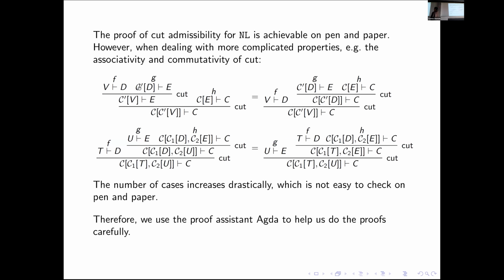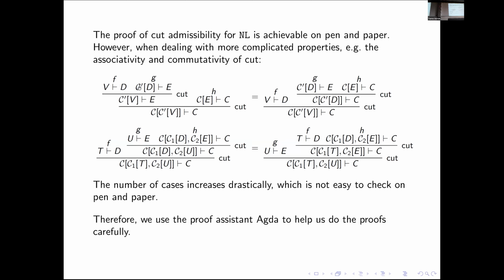So for example here, the statement above is about the associativity of cuts. It means that if we have three derivations, we can first cut f and g and then cut with h, and this derivation, according to the procedure by which we eliminate the cuts, should be equal to the one where we first cut g and h and then cut with f.